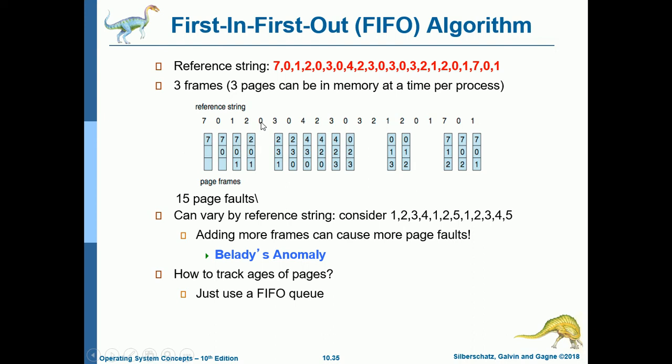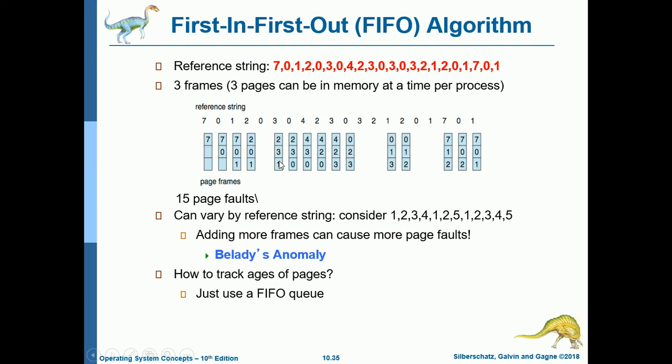Then 0: there is no page fault because 0 is already in the frame. Then we have 3. As you can see, first in, first out, 7 is already removed, and the next is 0, so 0 is replaced by 3. So the frames are 2 3 1.